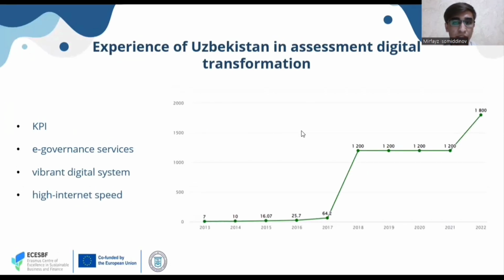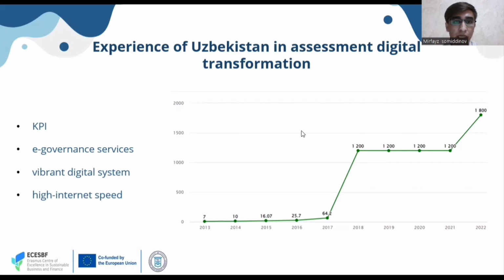One of the key components of Uzbekistan's digital transformation strategy has been the development of a comprehensive assessment framework to evaluate the effectiveness of digital initiatives and identify areas for improvement. The assessment framework is based on a set of key performance indicators, KPIs, that are used to measure progress and identify areas of success and potential challenges.